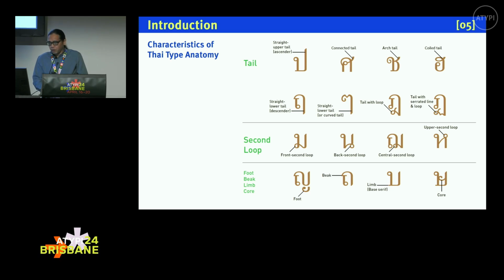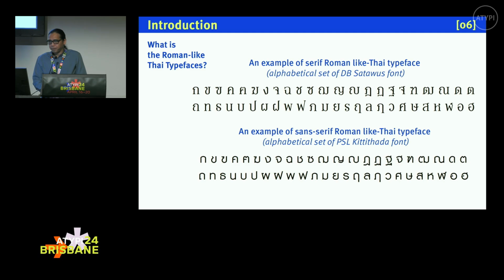The second loop includes front second loop, back second loop, central second loop, and upper second loop. For the foot, beak, limb, and claw, these features are quite stable in both aspects and positions.